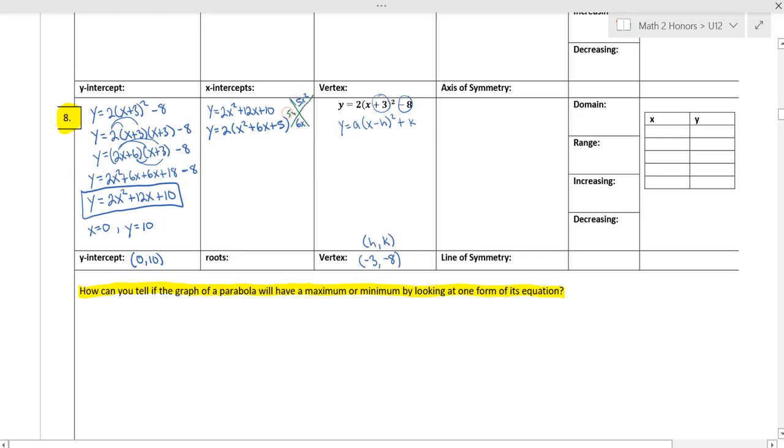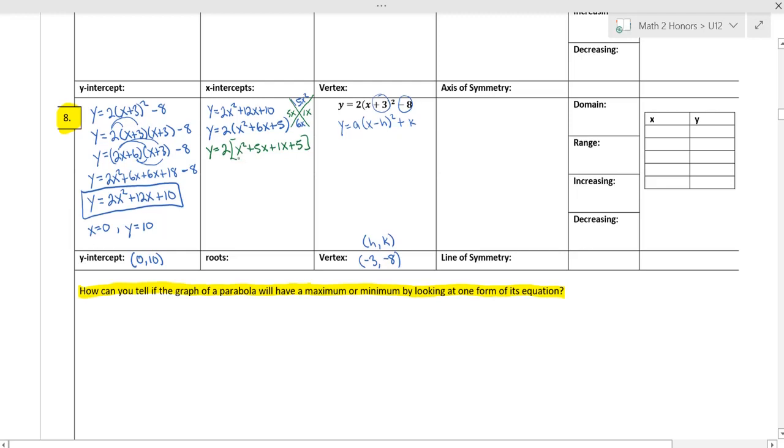So 5x times 1x is going to multiply to 5x squared, and we'll add to the 6x. So we have y is 2 times, and split this up into 4 pieces. So we got x squared plus 5x plus 1x plus 5.